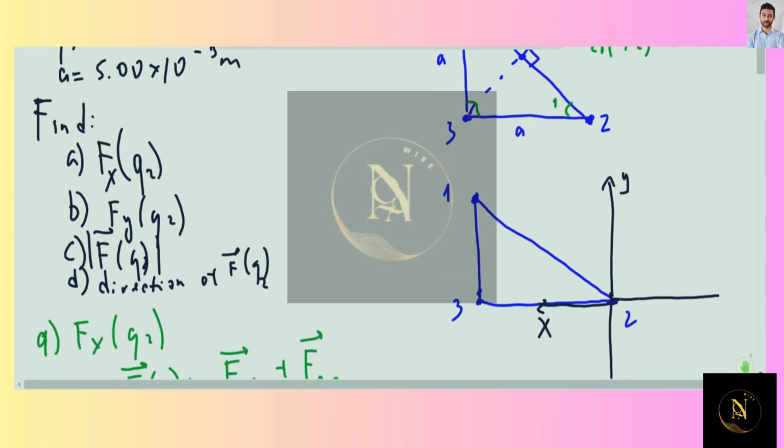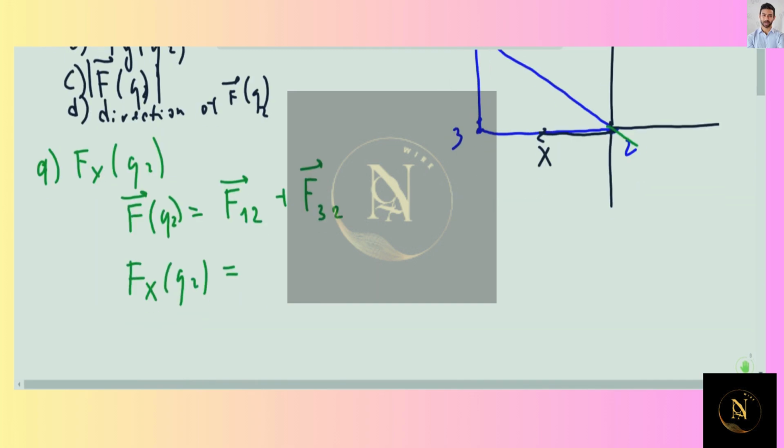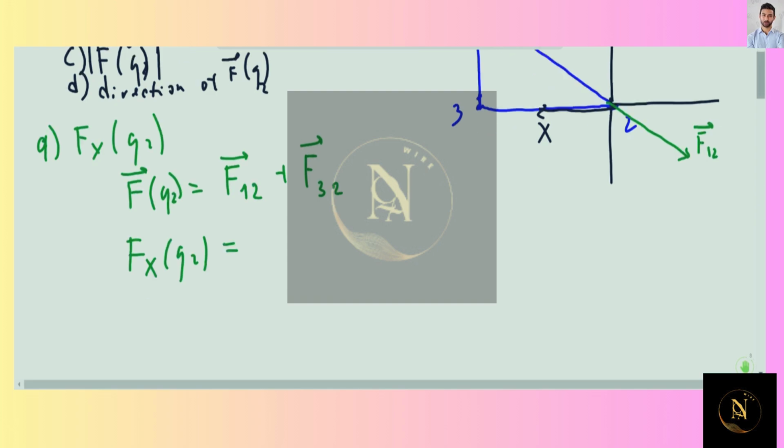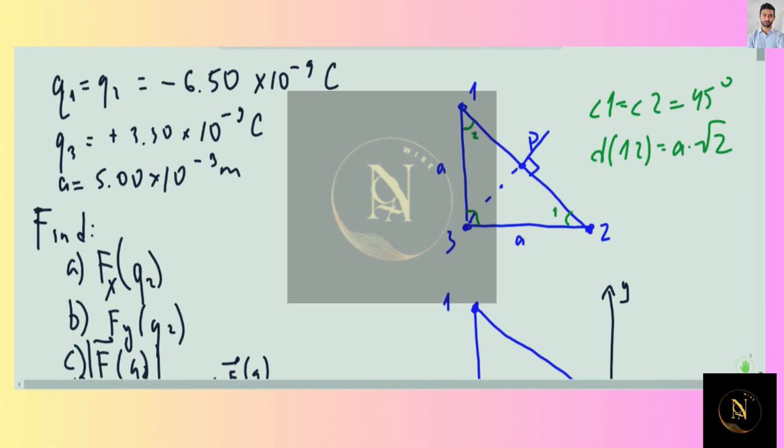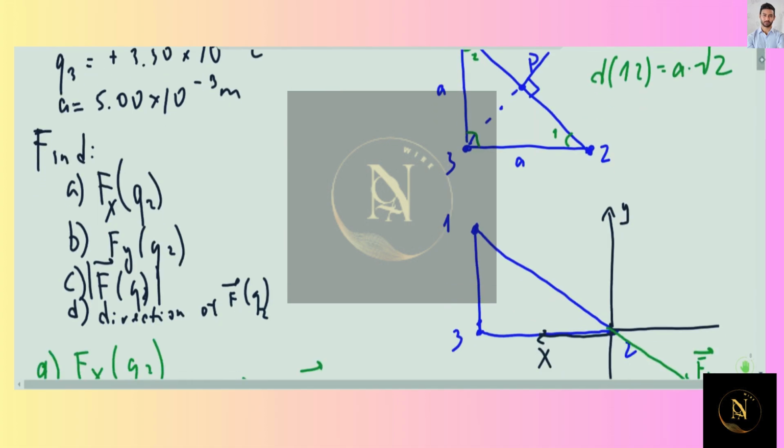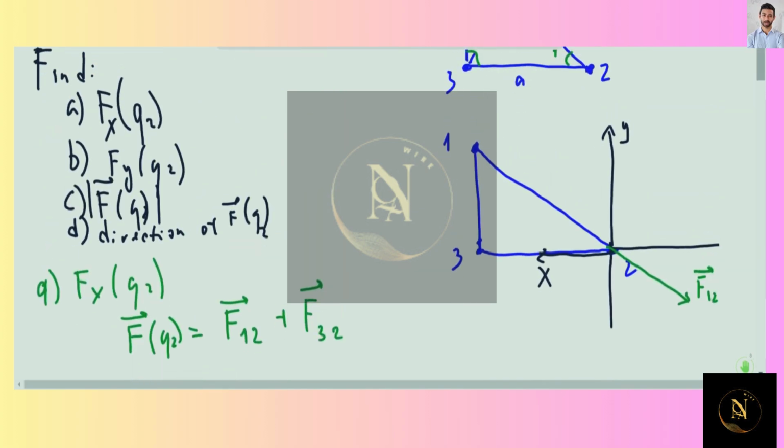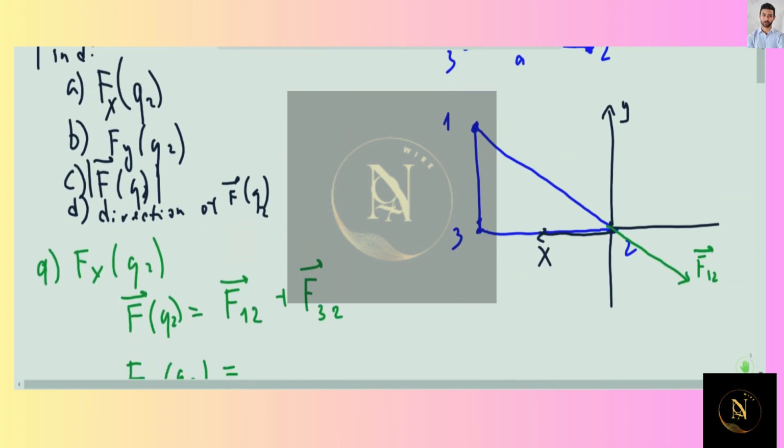Therefore, these two charges will undergo repulsion. So the force F12 is shown here. And charges 3 and 2 are negative and positive, so they have an opposite sign. Therefore, they will interact with the attraction force.